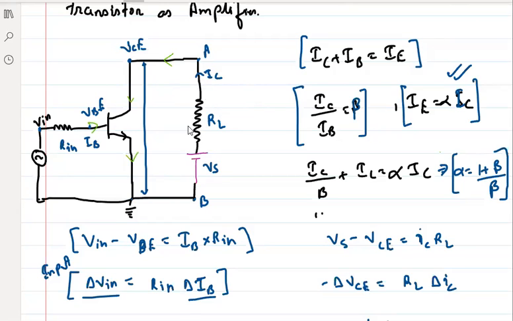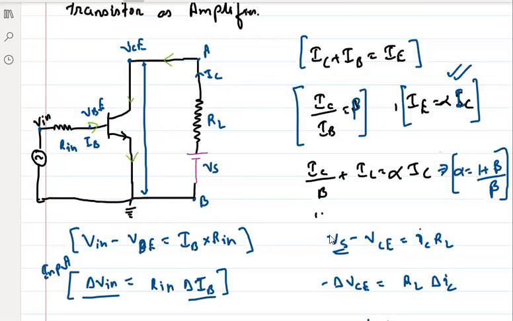Now tell me, will the supply voltage be constant or VCE be constant? We have already discussed this. Yes, very good, Harsha. The supply voltage is constant; we are giving the supply voltage.